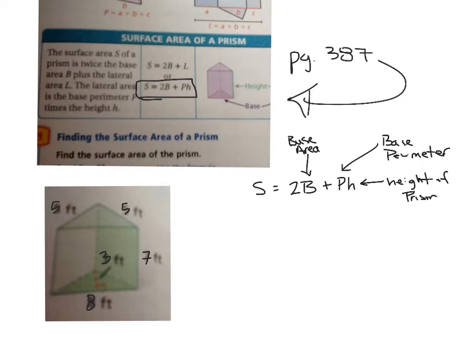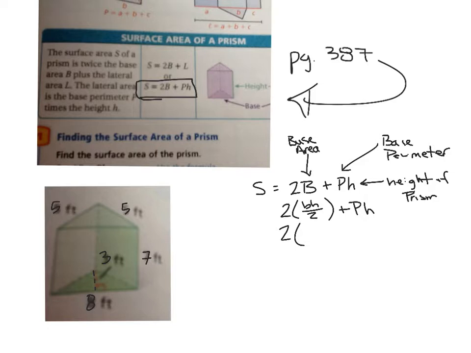So, looking at this, we need to find the area of a triangular prism. We know that the base of a triangular prism from volume is a triangle. So we can rewrite this as 2 times base times height over 2 plus Ph. The base and the height of the triangle, remember this dotted line is the height from the base to the peak, is 3.